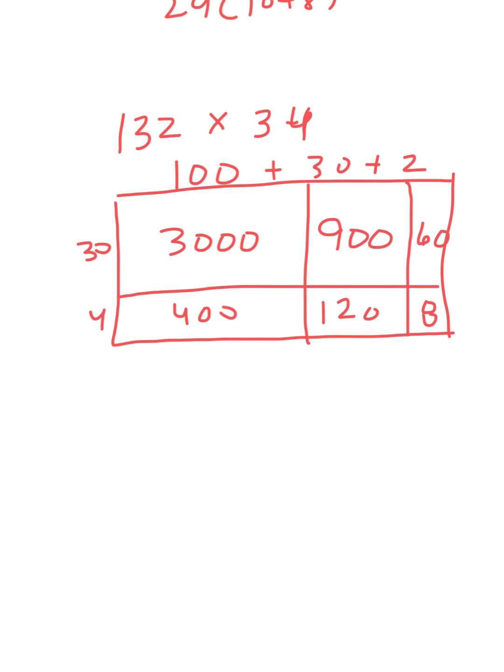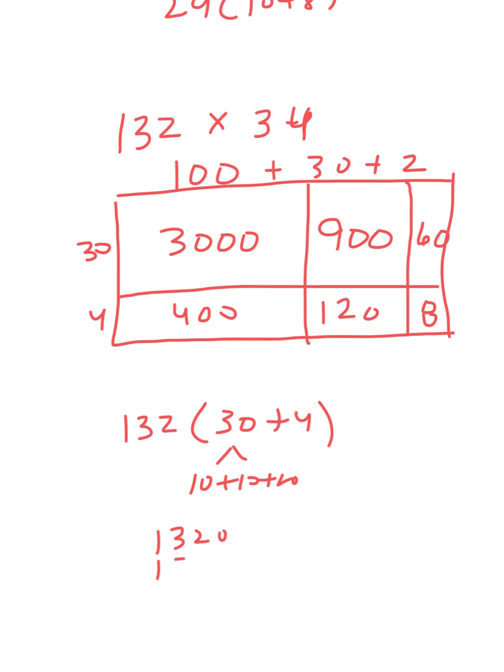Or partial products, we could do it as 132 times 30 plus 4. Don't find that to be as friendly though as if I broke up 30 into actually 10 plus 10 plus 10. So I know 132 tens is 1,320. And then I have 132 fours.